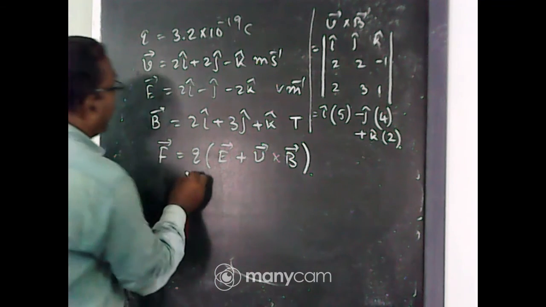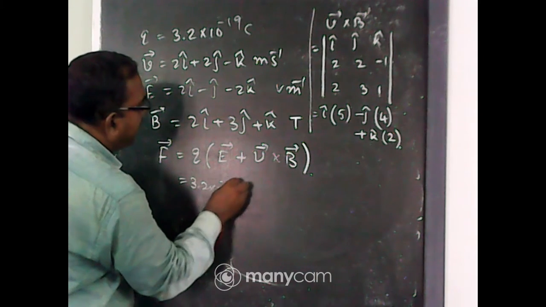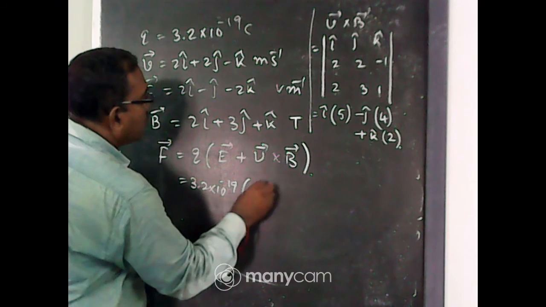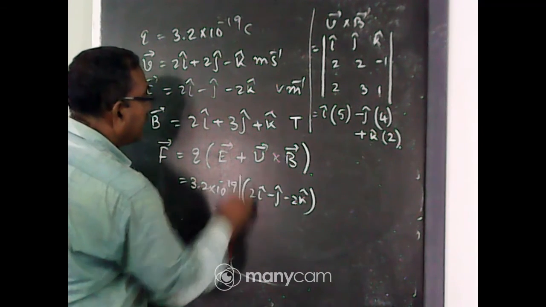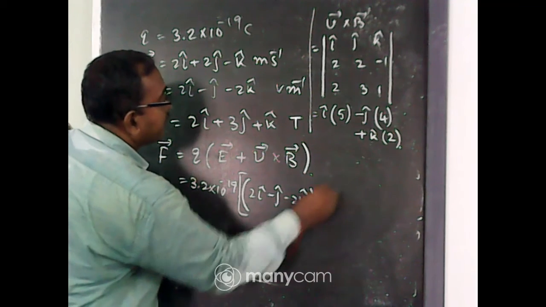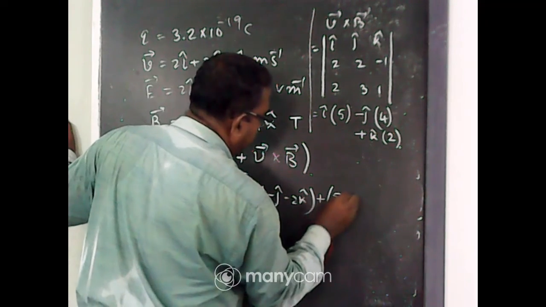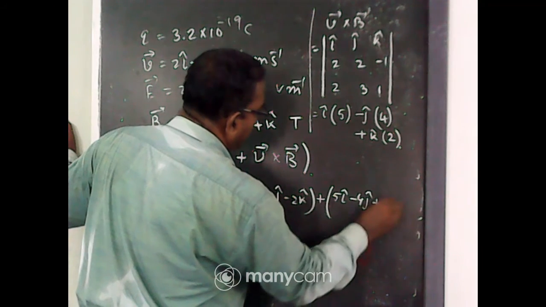So that value will be Q equal to 3.2 into 10 to the power minus 19, the value of E equal to 2i minus j minus 2k plus 5i minus 4j plus 2k.